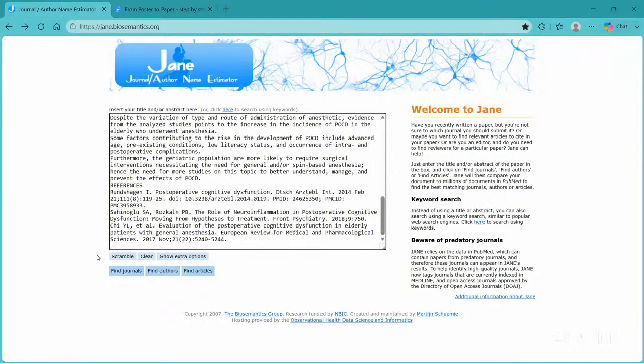So you copy and paste it, and then you choose what you are trying to find. If you're trying to find journals suitable to publish in, you can do that. You can also find authors with published work similar to yours, for example if you'd like them to help edit or review your work. You can also find articles similar to your text that you can cite from.